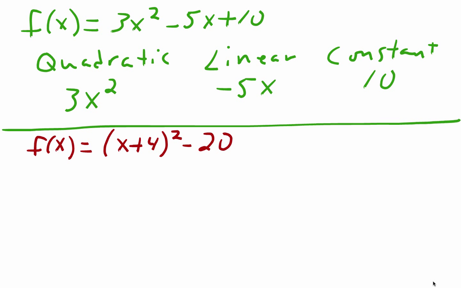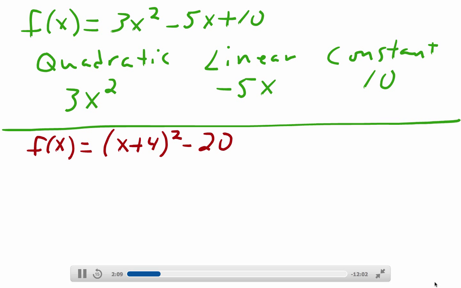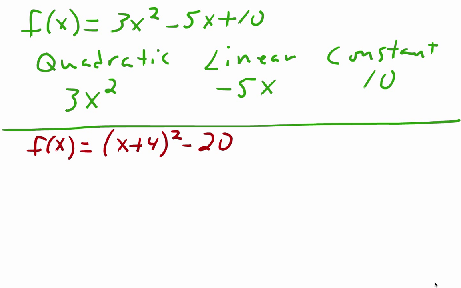Alright, let's try another one here. We want to find out what is the quadratic term, what is the linear term, and what is the constant term, just like we did up above in the green. But first of all, it's not in the form that we're used to seeing, ax squared plus bx plus c, so we have to get it into that form. So we have x plus 4 squared minus 20. Well, x plus 4 squared means x plus 4 times x plus 4.